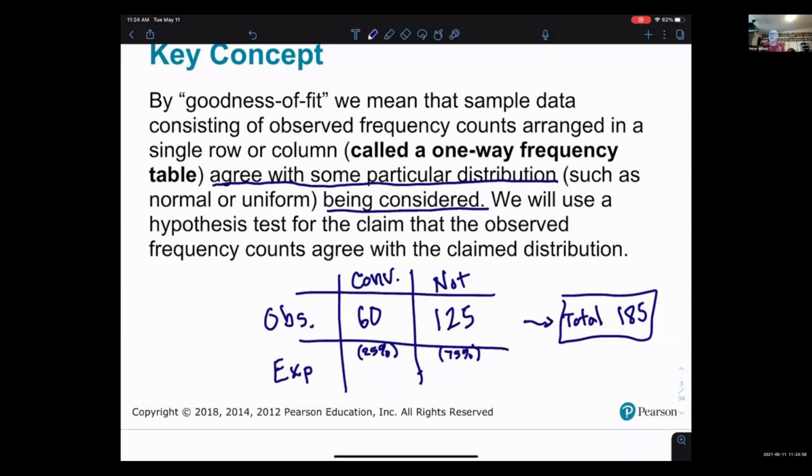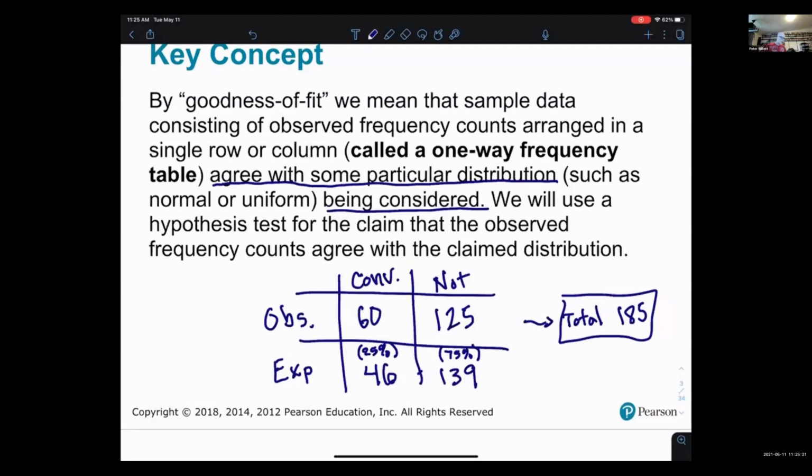So what is 25% of 185? That's like 45, 46. So that would have led me to think that about 46 of my 185 should have been convertibles. And then the other 139, I think it is, would have been not.